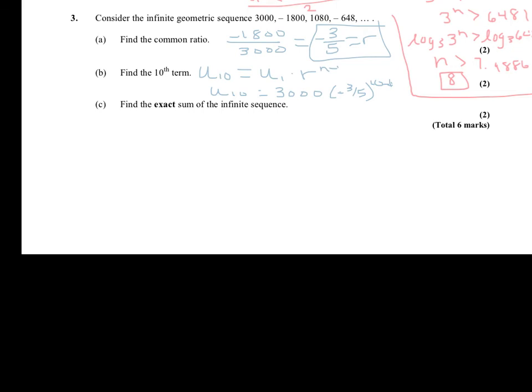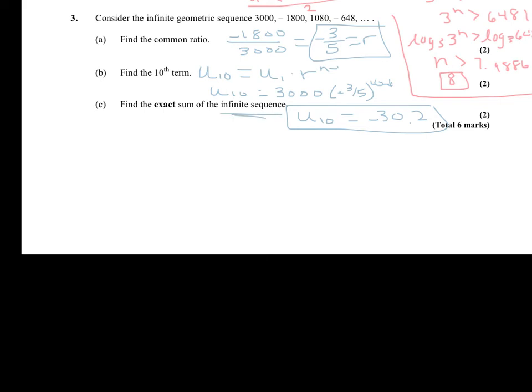Okay, so 3,000 times negative 3/5 to the 9th, and that gives us our 10th term, rounded to 3 sig figs, negative 30.2.